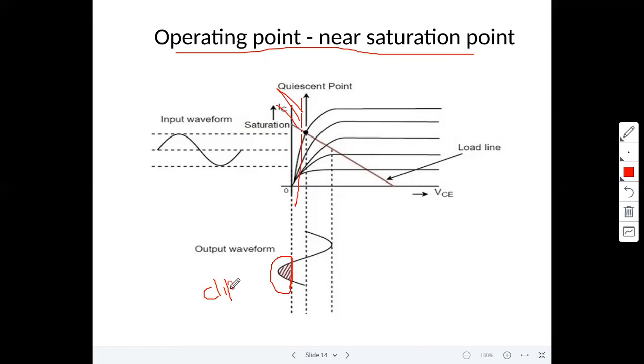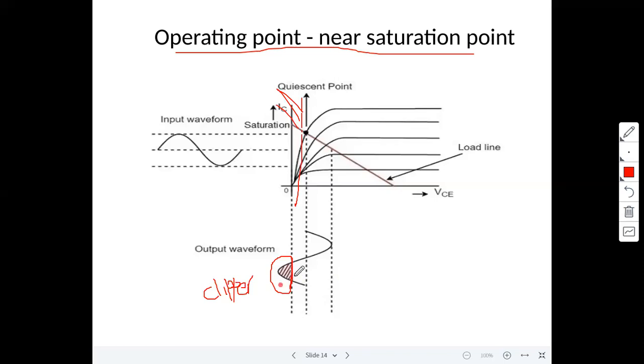This portion does not appear at the output because the transistor enters the saturation region, where the maximum current is limited and the output voltage VCE is equal to VCE saturation.